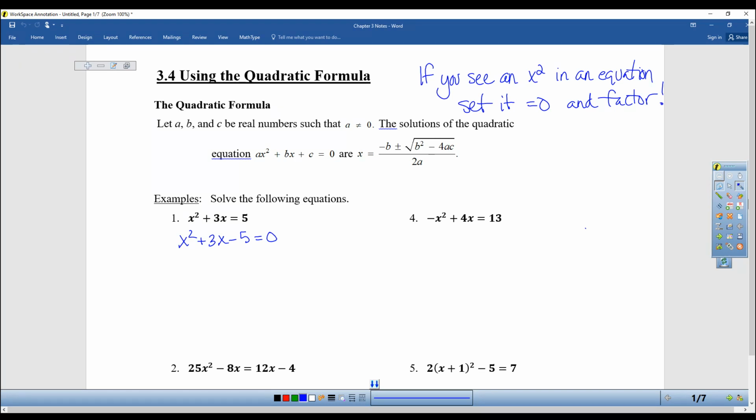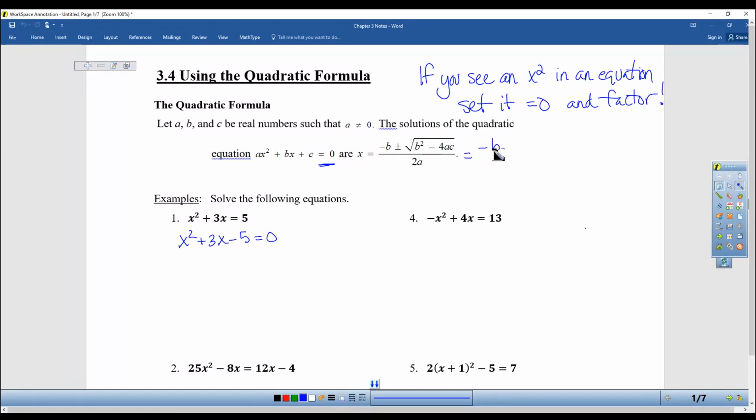So this formula says that if you have the equation ax squared plus bx plus c is equal to 0, notice it has to be set equal to 0, then the answer, just jumping straight to the answer, will be x equals negative b plus or minus the square root of b squared minus 4ac all over 2a.